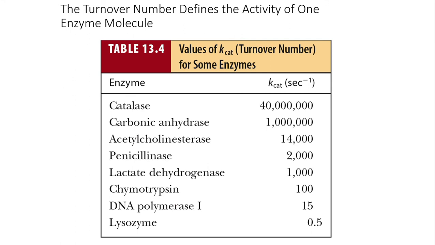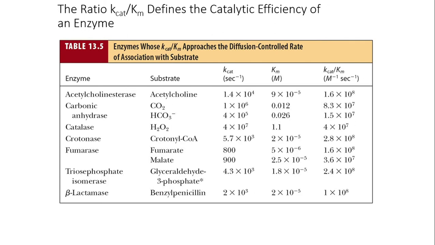I guess it works well enough for us. Lastly here, we're looking at the ratio, as I mentioned a moment ago, kcat to the Km, which gives us that specificity constant. This has units of a second order rate constant, 1 over molarity times seconds.